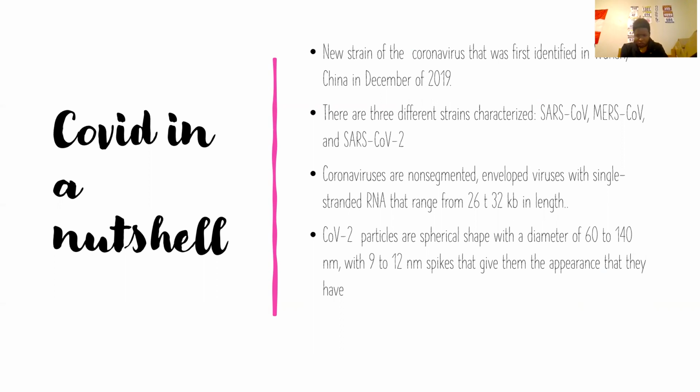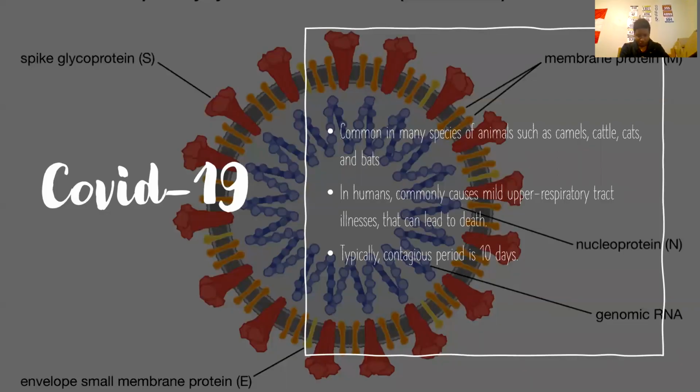The individual particles of CoV-2 are spherical in shape with a diameter between 60 and 140 nanometers. Then there are also spikes of 9 to 12 nanometers that give COVID its typical spherical, spiky shape. As I was mentioning, it's spherical, and these are the spikes that appear.